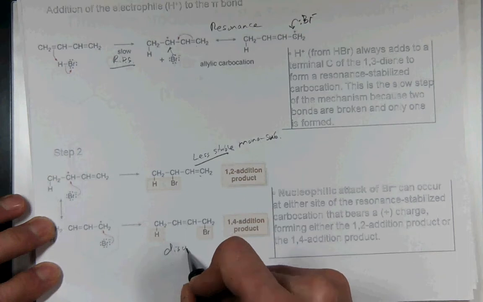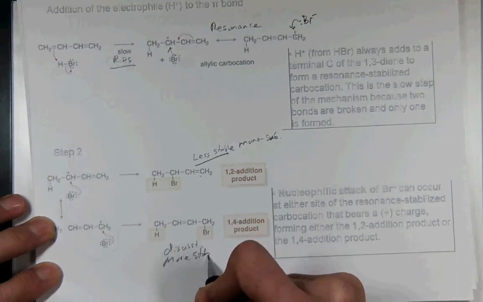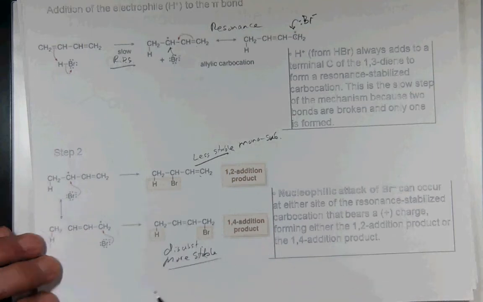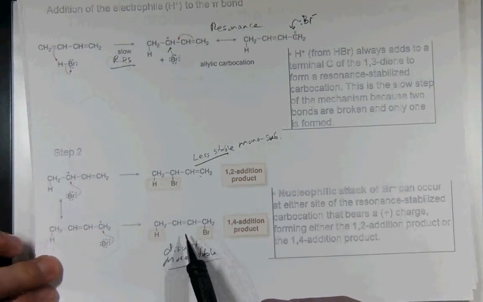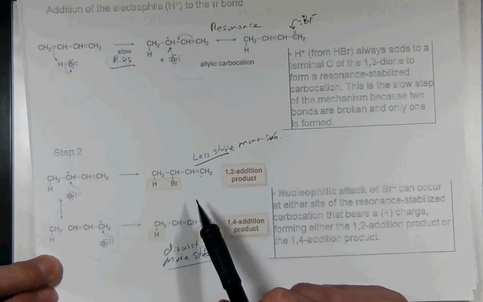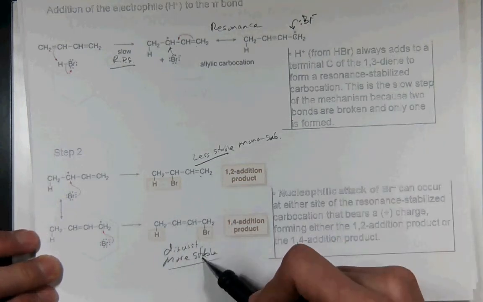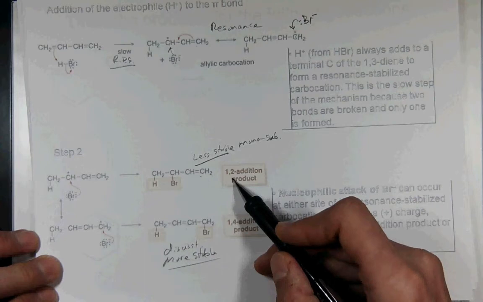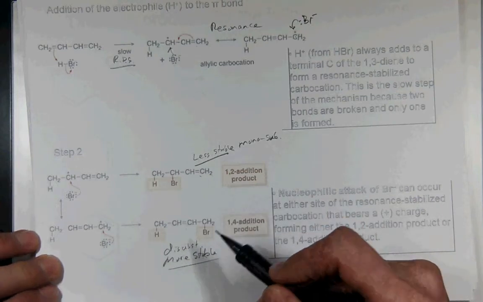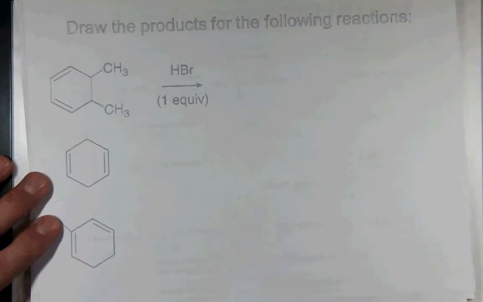So this is disubstituted, more stable. You think, okay, well, does that mean that the 1,4 product is going to be favored versus the 1,2? It depends. Okay? So, even though this is more stable, are there instances where the 1,2 product is favored versus the 1,4? The answer is yes. We'll take a look at that in a little bit.